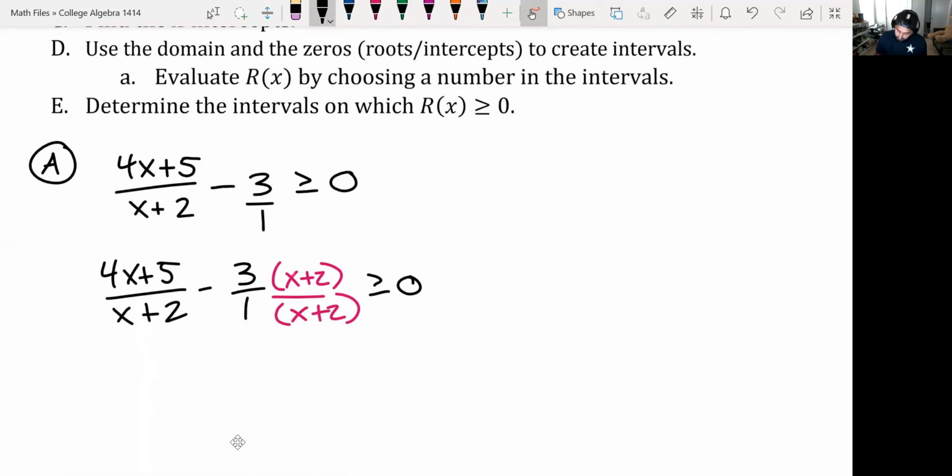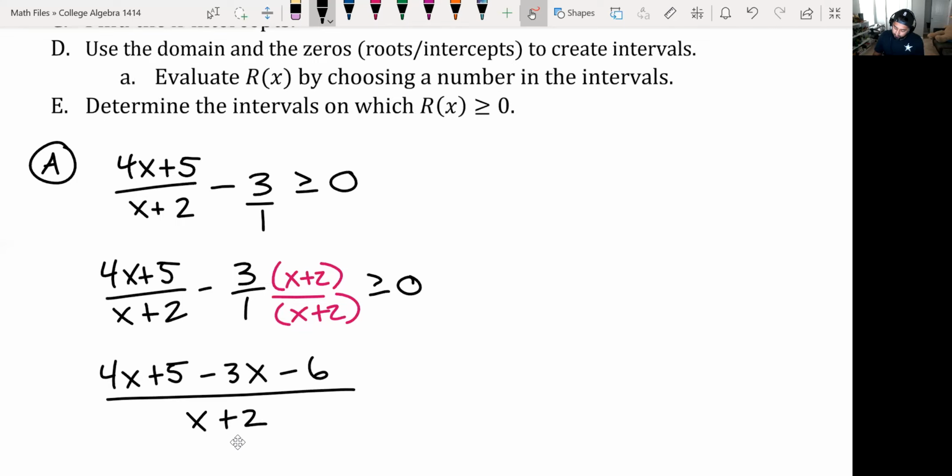Now combine the numerators. I'll get 4x plus 5. I'm going to distribute that 3 already. That negative 3, you have to be careful with that sign. That negative 3. So you're going to get negative 3x minus 6 over x plus 2 greater than or equal to 0.